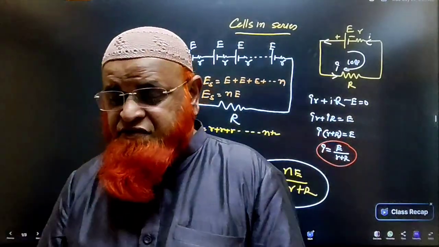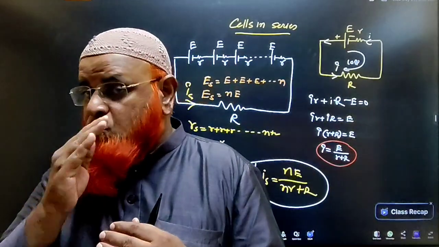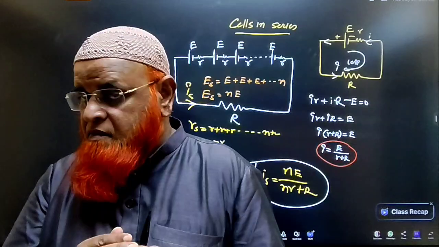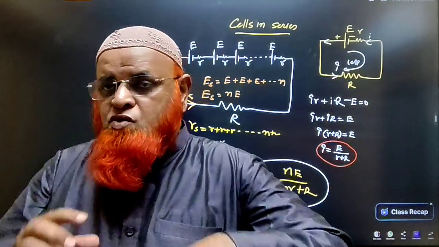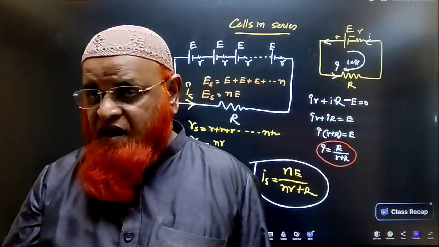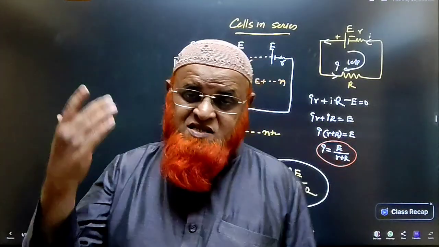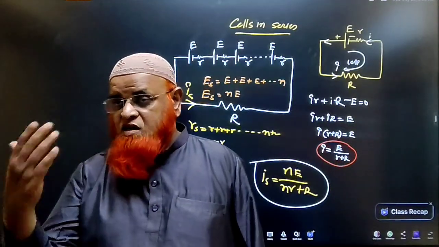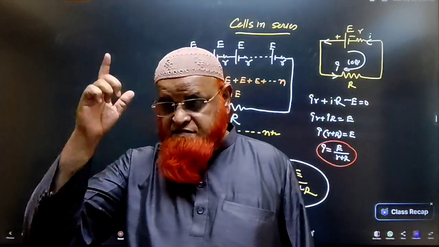Series is as if there are 100 students, and I am finding the total height of the 100 students in series connection. Means one student will stand on the other. Each student is 5 feet in height. What is the total height of the class when the students are standing one above the other in series connection? 100 into 5 is nothing but 500 feet is the total height.